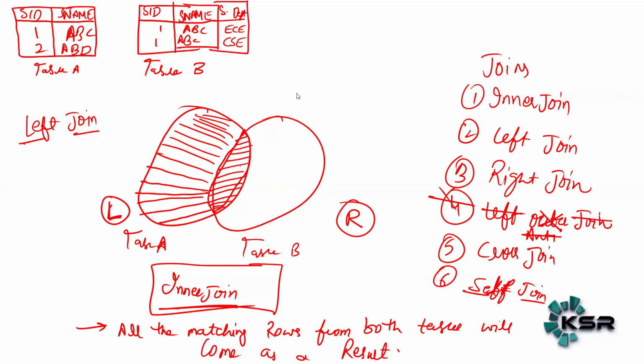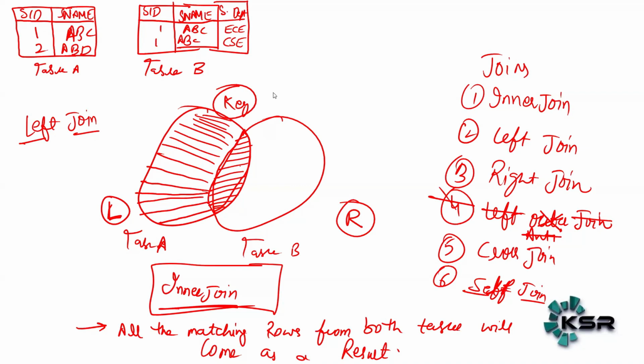Do we need to have only the common column which is supposed to match, or all the records of both the tables? Key column. Okay, key column.